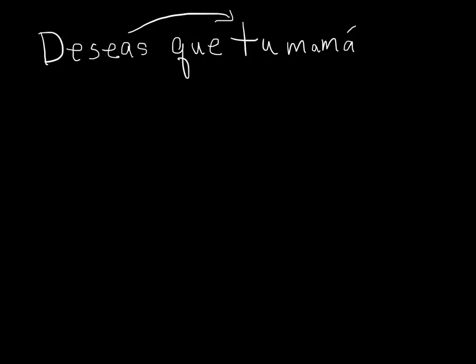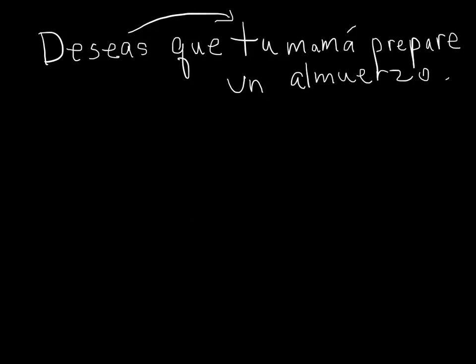You want your mom to prepare, using subjunctive, and then say un almuerzo, you know? And that deseas in the main clause, an expression of wishing or wanting, makes all the difference to what happens in the secondary clause. It determines it.